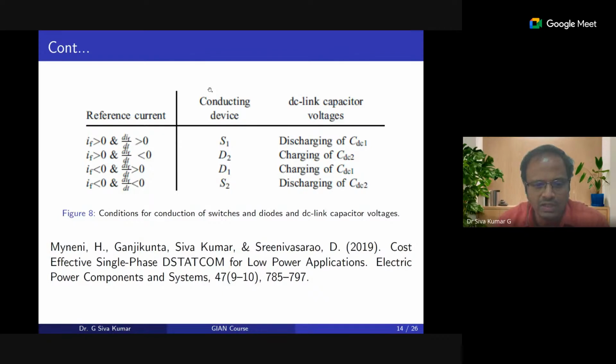Now I will try to show you how the switching operation works during the hysteresis current control technique. Why are we looking at this kind of mechanism? Suppose in a microgrid you want to inject reactive power support in order to improve the voltage.